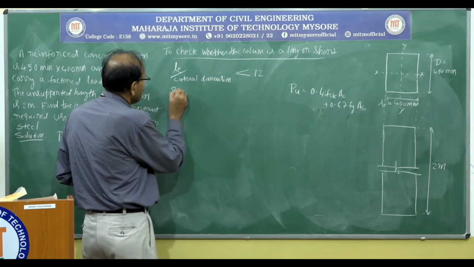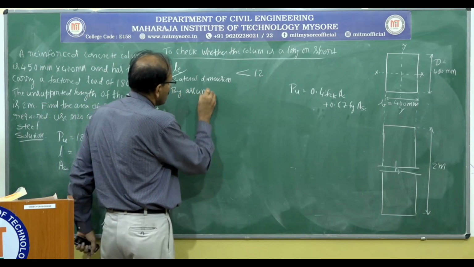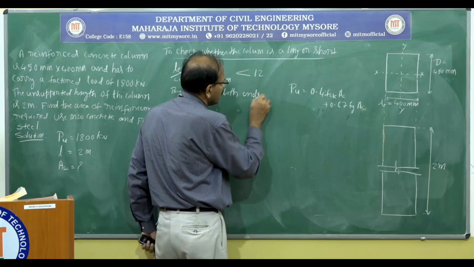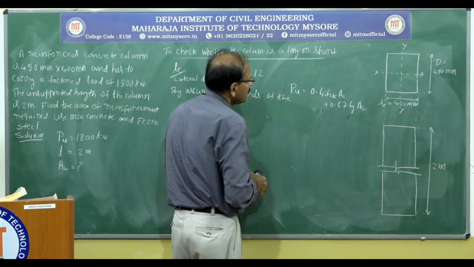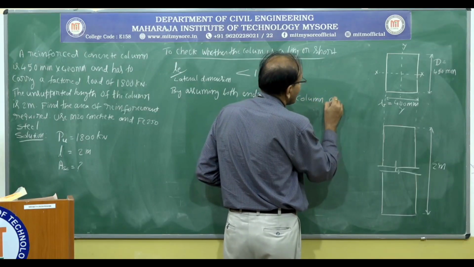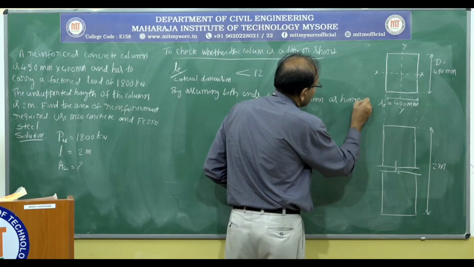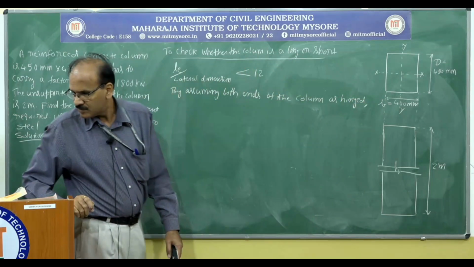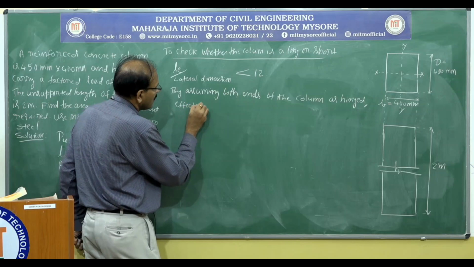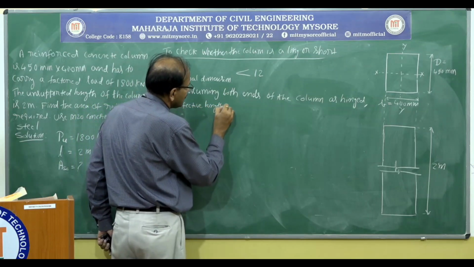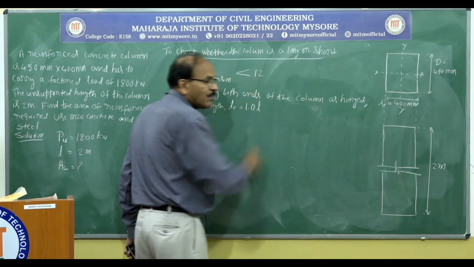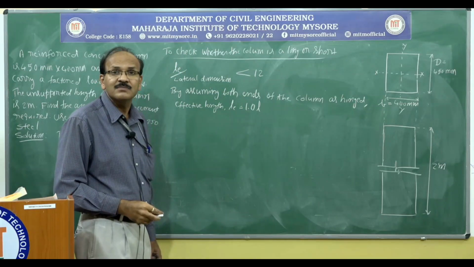So by assuming both ends of the column as hinged, the effective length LE equals 1.0 multiplied by the unsupported length.